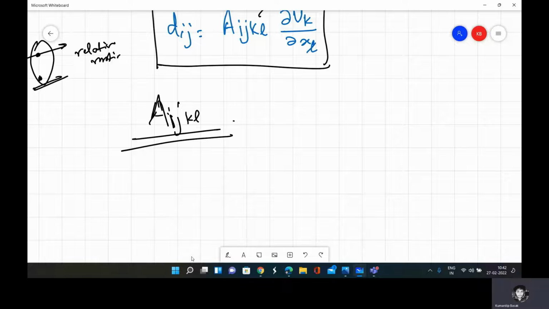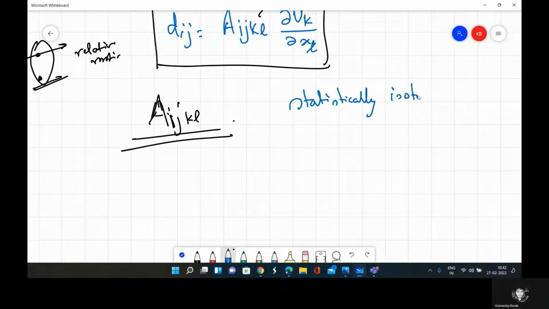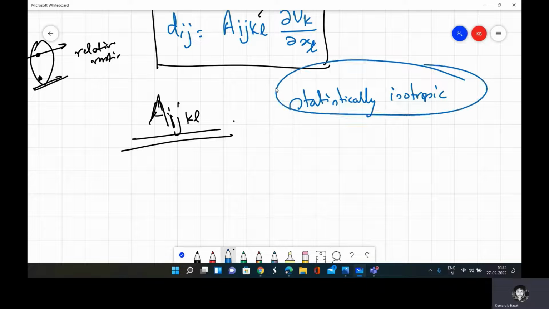Now what is an isotropic fluid? You have to understand this very clearly, that we are assuming that the fluid is statistically isotropic.